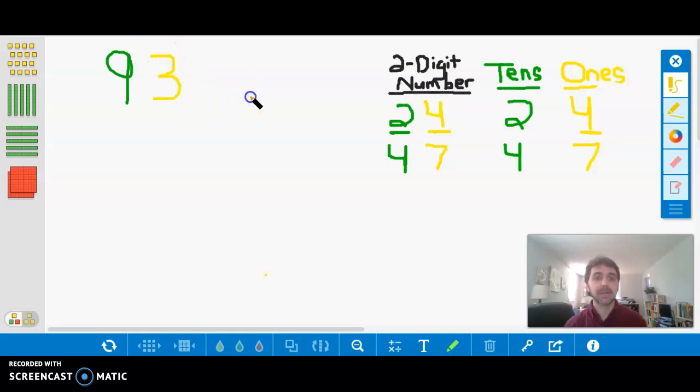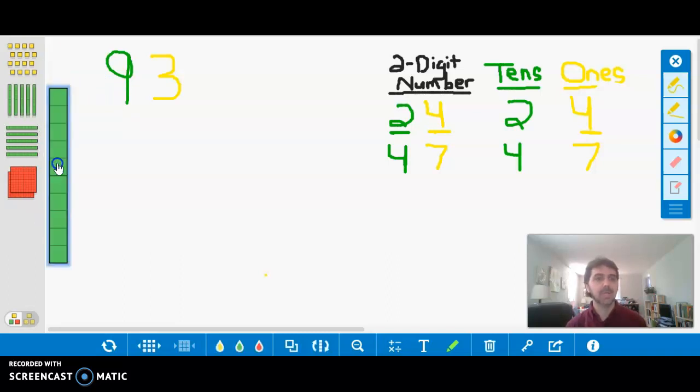I know. All right, so we got 93. So if we have 93 Skittles, how many 10s do we need? In other words, how many packages of 10 can we fill up with Starbursts? Just 10, right? Not 5, not 11, just 10. How many do you think? Think about it. Let's find out.